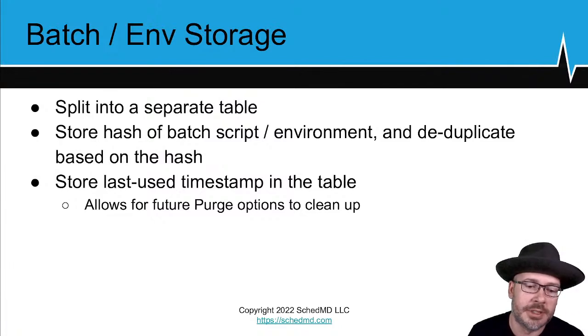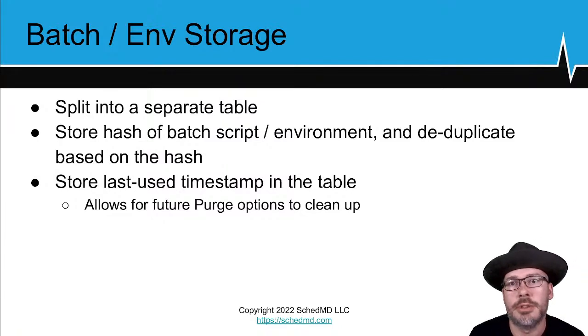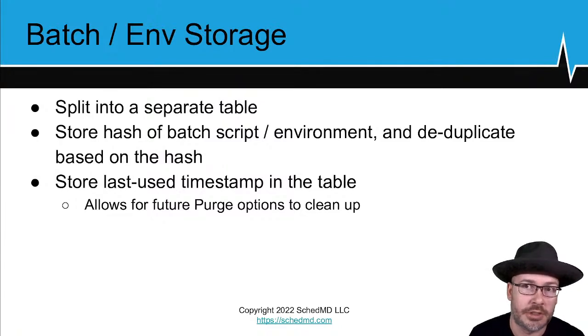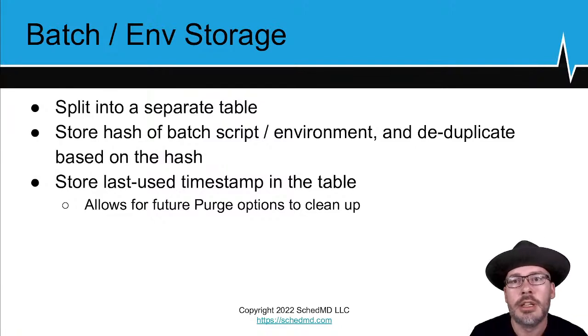So we made some adjustments, and we now store those in a separate table, and just the hash of the batch script and environment is stored in the job table itself, which also lets us deduplicate those scripts. If you have users constantly submitting especially large scripts that may be identical, this can take a little bit of load off of the MySQL or MariaDB instance.